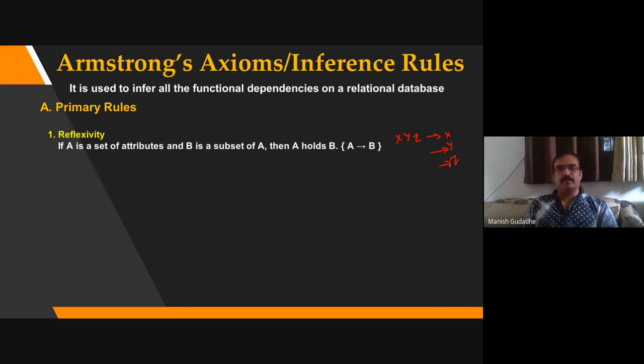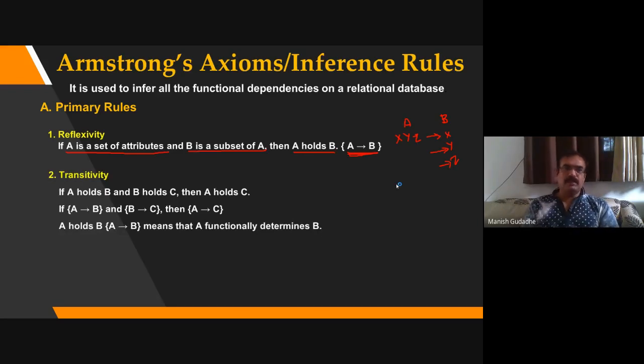So if A is a set of attributes and B is a subset of A, in that case A determines B. This is a simple one.